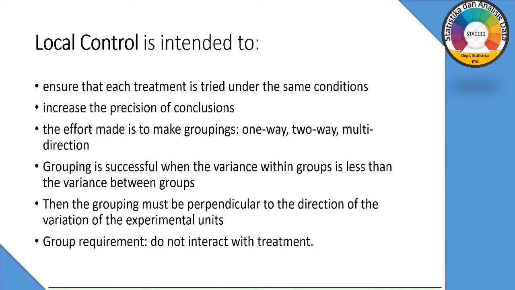Then the grouping must be perpendicular to the direction of the variation of the experimental unit. For example, related to the light condition, if you conduct an experiment in a lab which has a glass window, where the light intensity comes from that direction, the area closer to the window has more intensity, a bit further from the window has less intensity, and so on.